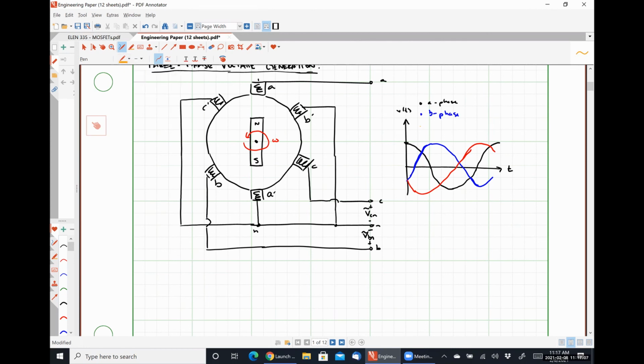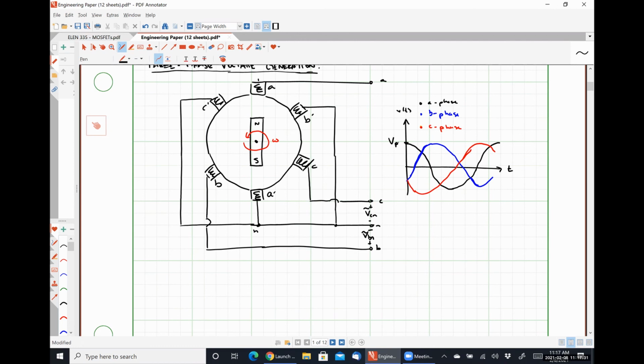And red is for my C phase. This is my maximum value, so I'm just going to call this VP voltage. It's an RMS voltage. And so we're going to see those three guys oscillate back and forth, back and forth.